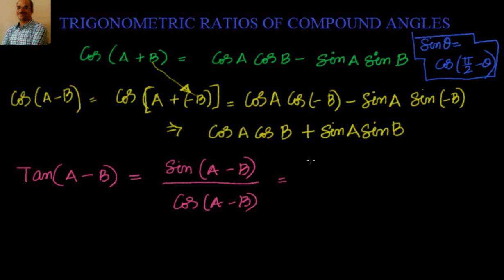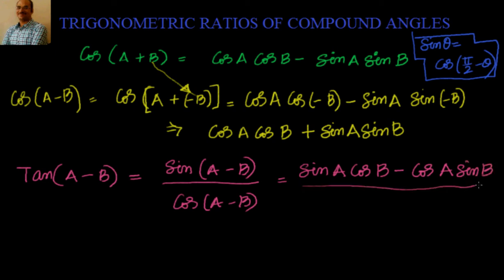We know sin of (a - b) is nothing but equal to sin a cos b minus cos a sin b. We have done that just now, few minutes back. I hope you remember that. Divided by cos of (a - b), which is cos a cos b plus sin a sin b.